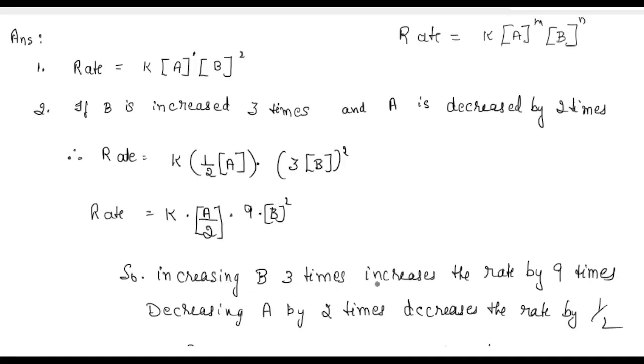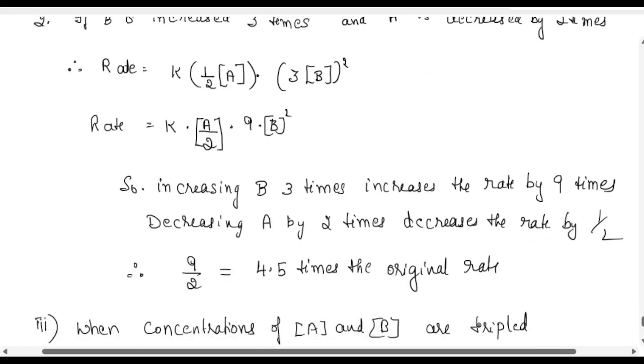So increasing B 3 times increases the rate by 9 times, and decreasing A by 2 times decreases the rate by half. So on solving this, this is half into 9, that is 9 by 2, which is equal to 4.5 times the original rate.